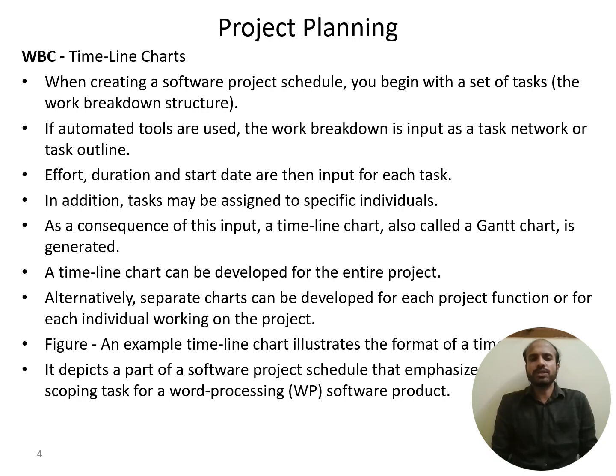Effort, duration, and start date are then input for each task. In addition, tasks may be assigned to specific individuals. As a consequence of this input, a timeline chart, also called a Gantt chart, is generated.